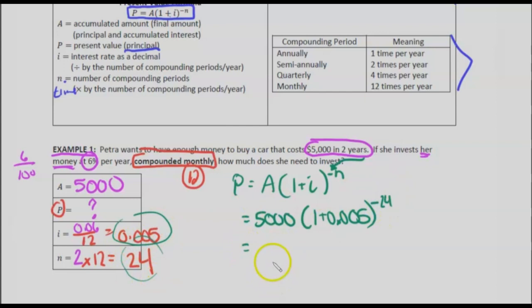Okay, if we were to add 1 plus 0.005, obviously it's simply 1.005. So in BEDMAS, let's do the exponent first. Okay, so let's put 1.005 to the exponent negative 24 into our calculators and see what we get.